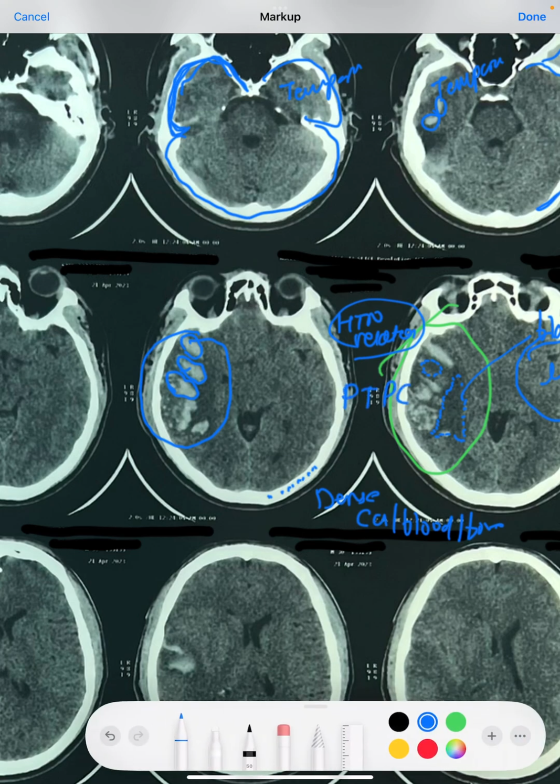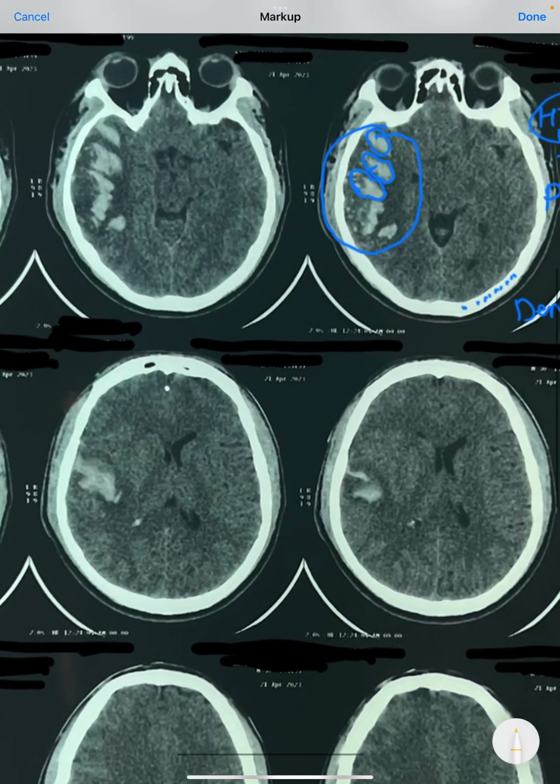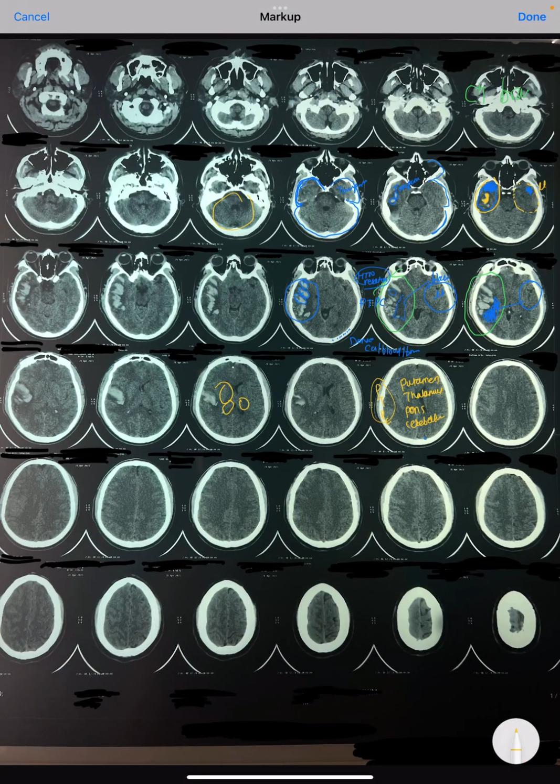That is, the most common site is first the putamen, that is P, then thalamus, that is T, then pons, and then cerebellum. So this is hypertension related PTPC. So here the thalamus is completely spared, the basal ganglia is completely spared, the cerebellum is completely spared.